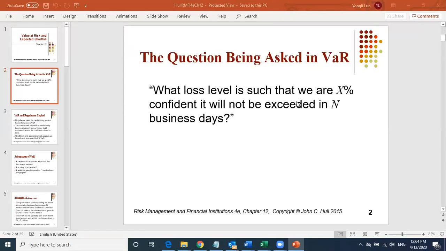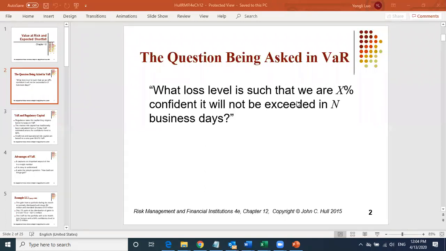Nobody wants to lose all of that 1 million US dollars. So that's their bottom line, and you might have to answer that question.